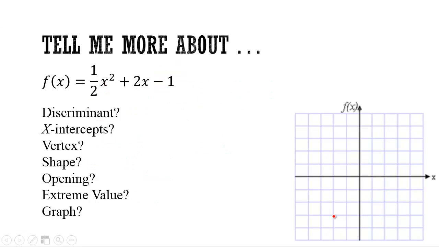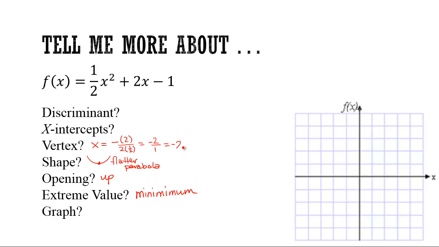Let's try one more. What do we know about this graph? So this one is positive, so it's facing up. Its shape is altered, it's all halved, so it's a flatter parabola. So we know that it has a minimum at the vertex. And for the vertex, the x value is going to be -b over 2 times a, which is -2 over 1, which is -2.